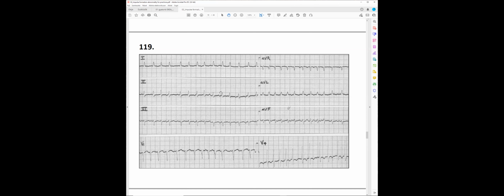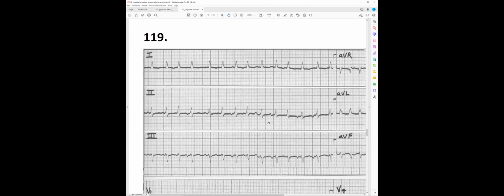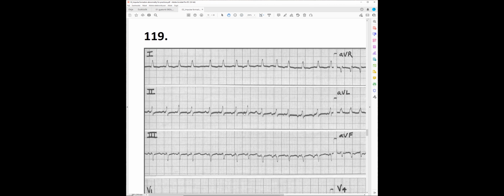All right. Now, impulse formation. Maybe I magnified. No, I cannot.